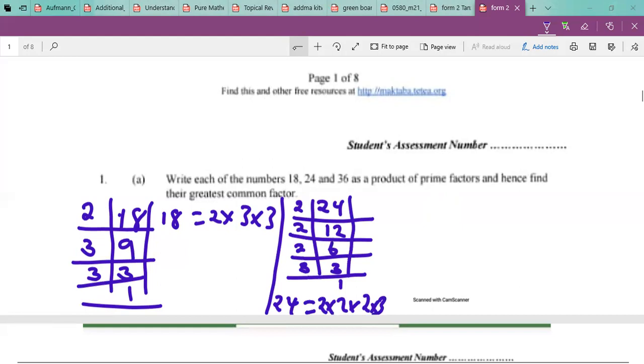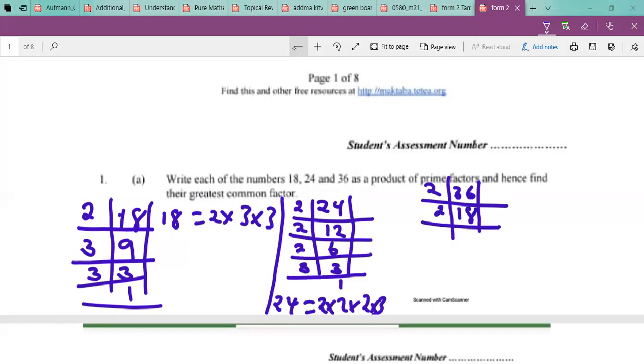And the last one is 36. The first prime factor is 2. 2 into 36 is 18. You bring down 2. 2 into 18 is 9. Now, 2 cannot divide into 9 exactly, hence I bring in the next prime factor, which is 3. 3 into 9 is 3.